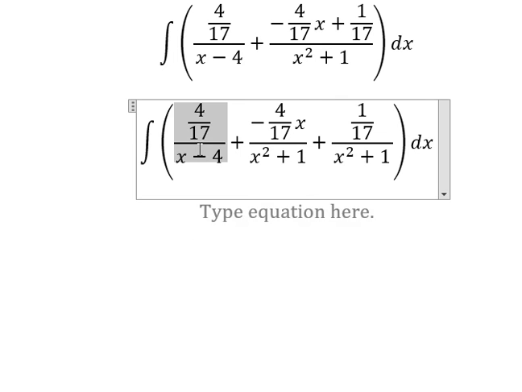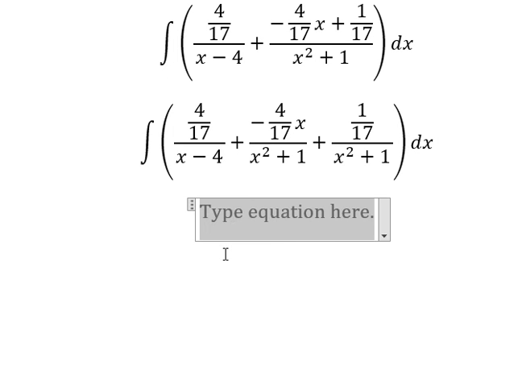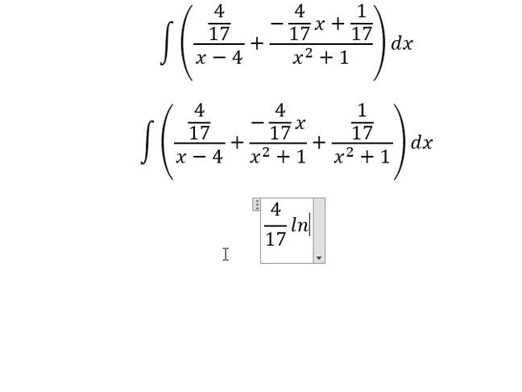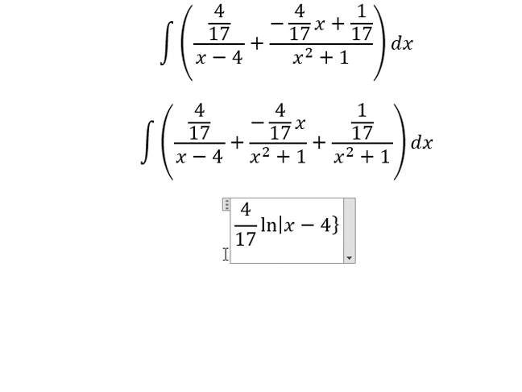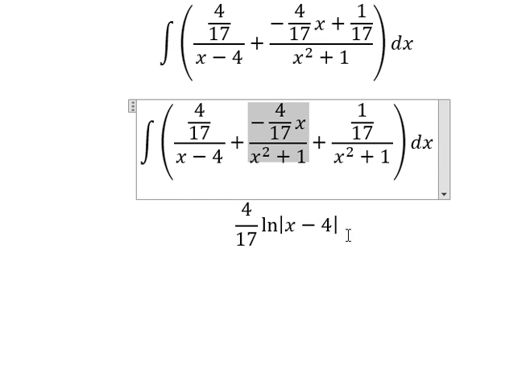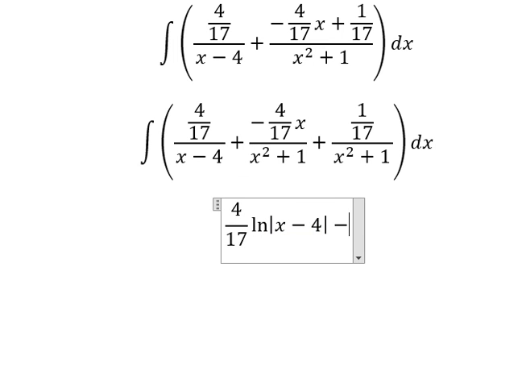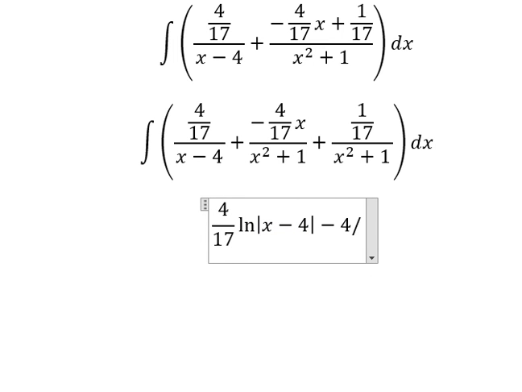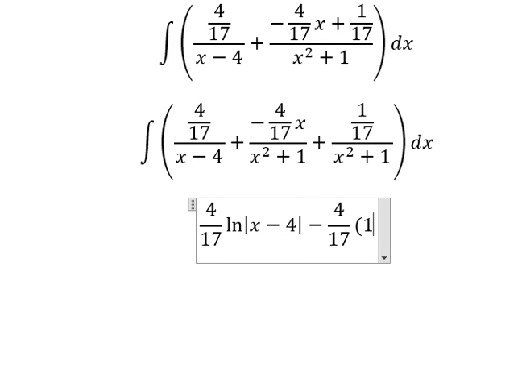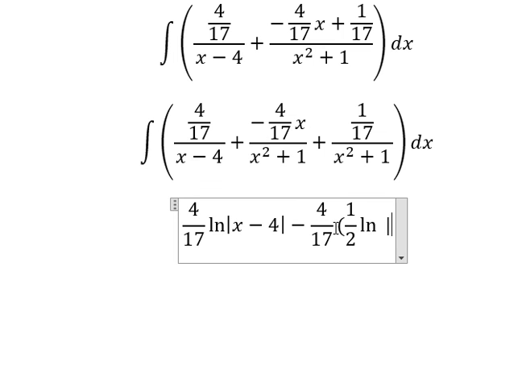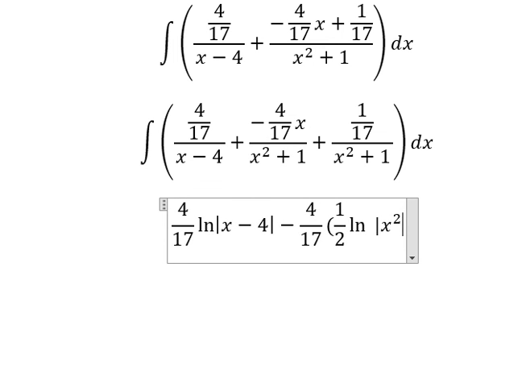The integration of this one, we have 4 over 17 ln of the absolute value of s minus 4. The integration of this one, we have negative 4 over 17 multiplied by 1 over 2, ln of the absolute value of s squared plus 1.